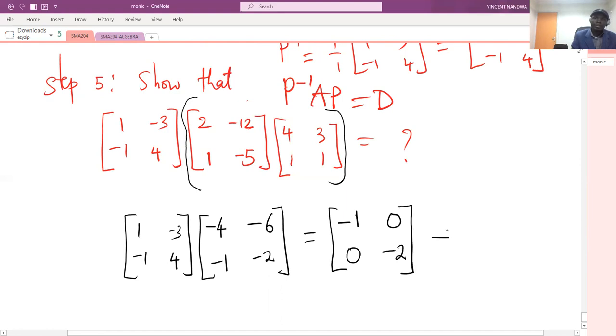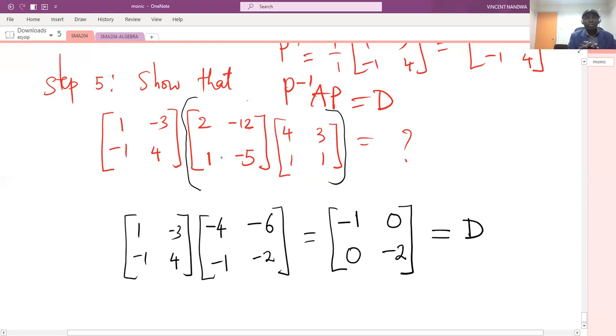And indeed, this is a diagonal matrix whose elements along the main diagonal are the eigenvalues obtained in the first case. So that is how we do diagonalization of a square matrix.